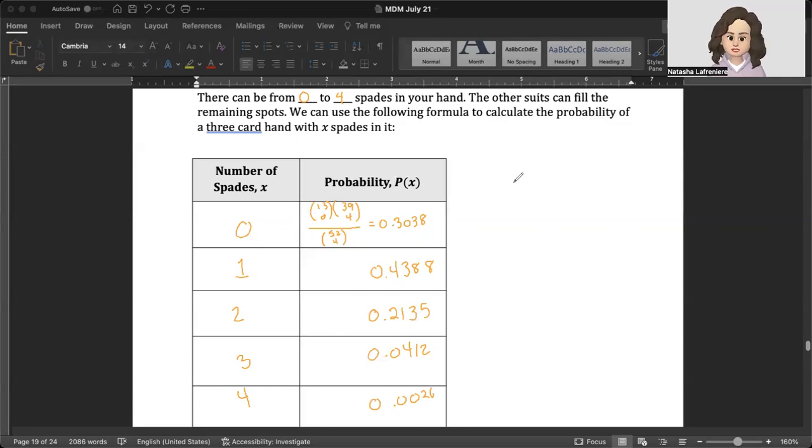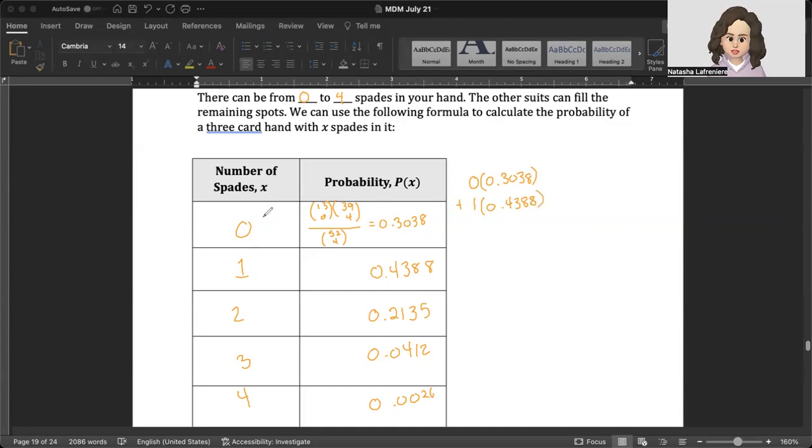Okay, and the next question is asking what is the expected number of spades in your hand? So we would do 0, plus 1 times its probability.